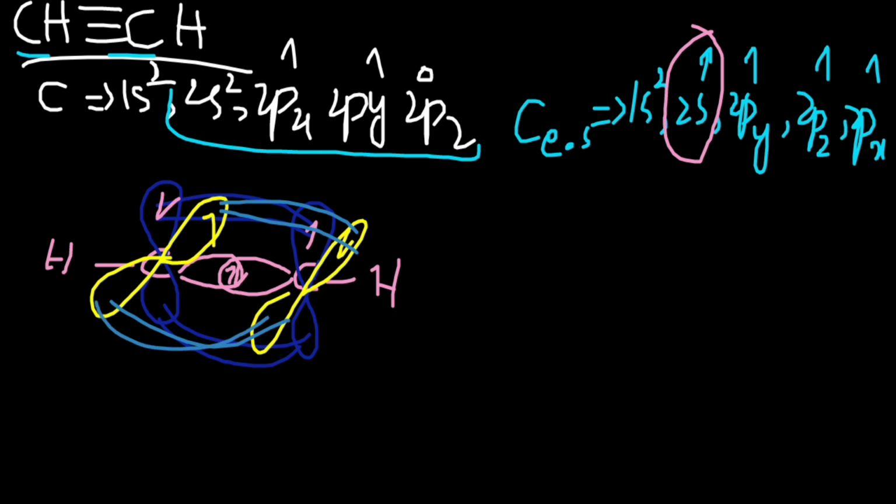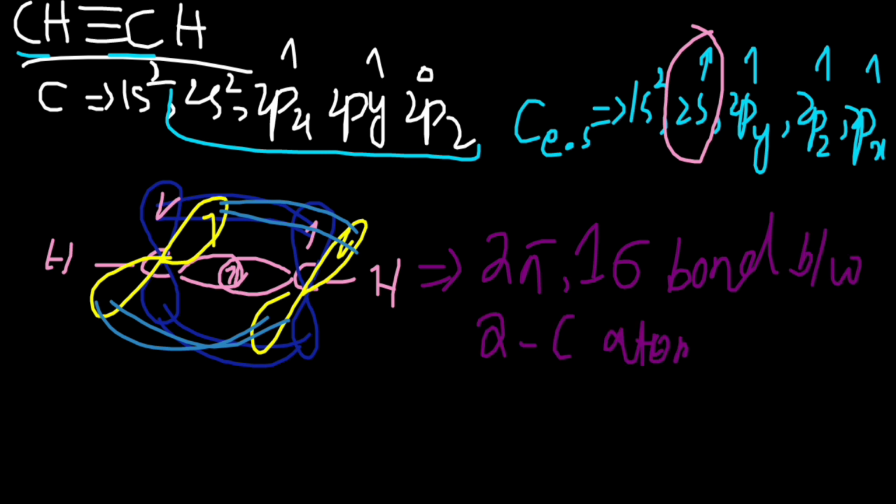So there are 2 pi and 1 sigma bond between two carbon atoms in alkynes. This is known as the p-pi bonding.